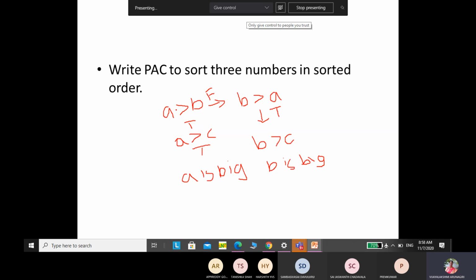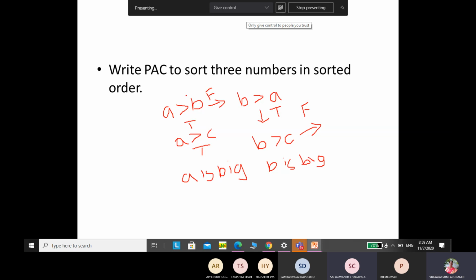If it is true, I am checking whether A is greater than C or not. If it is false, I am checking whether B is greater than C. Say for example, B is greater than C is false, what is the meaning? Tell me. C is greater than B, so C is largest.